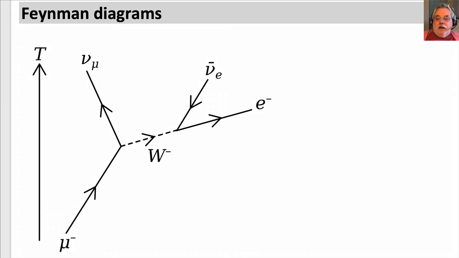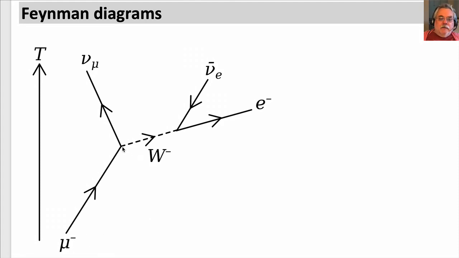Here is the Feynman diagram for the dominant muon decay mode. In this particular diagram, time flows vertically from bottom to top, and the horizontal direction is space. We start at the lower left. An electrically negatively charged matter muon is moving to the right.